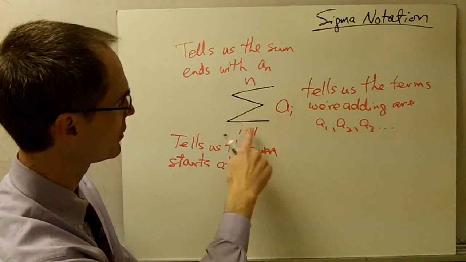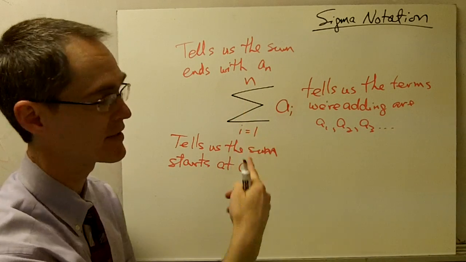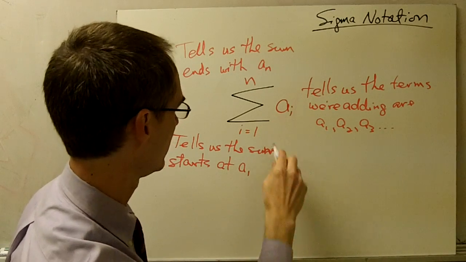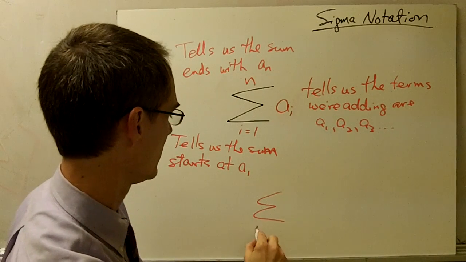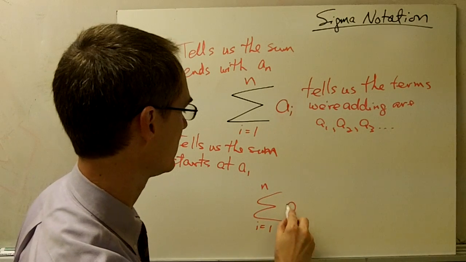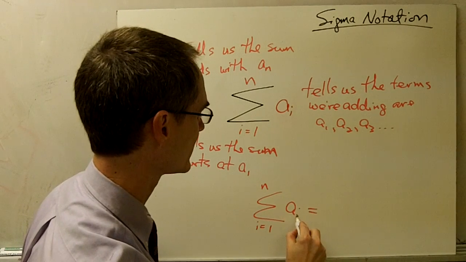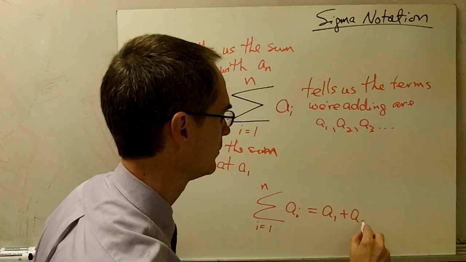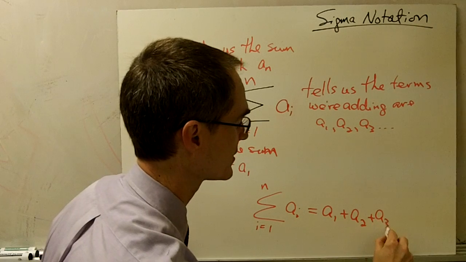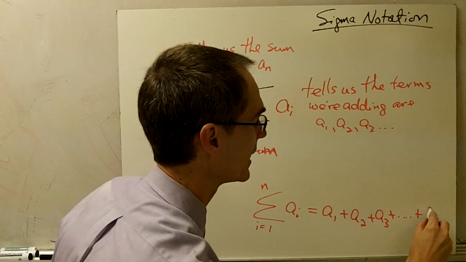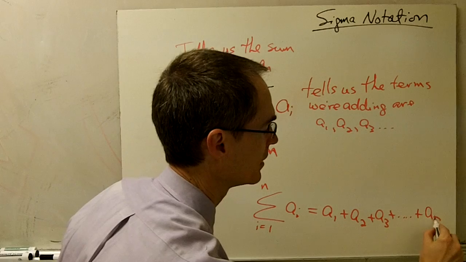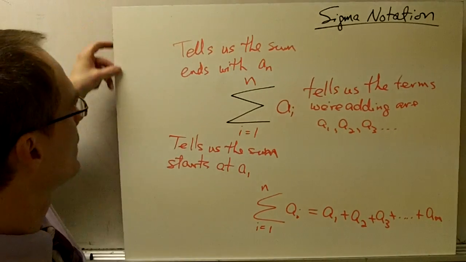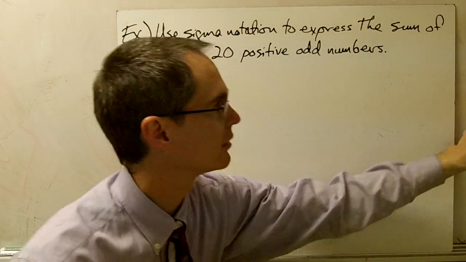But in general, if we were to expand this sigma notation, if we said sigma i equals 1 to n of a sub i, well, if we expanded that out, all this would mean would be a sub 1 plus a sub 2 plus a sub 3, and then we'd keep on going until we got to a sub n, and then we would be done.